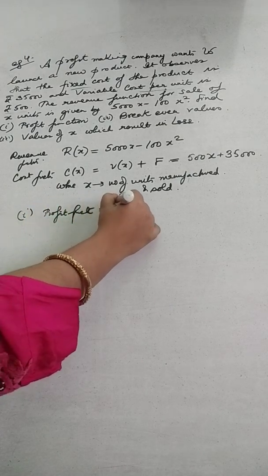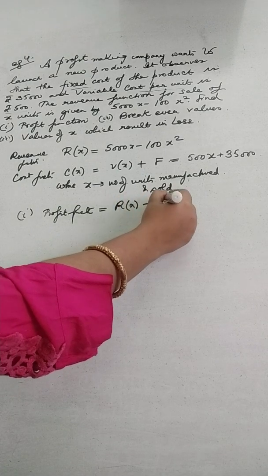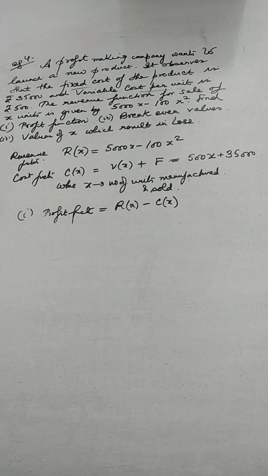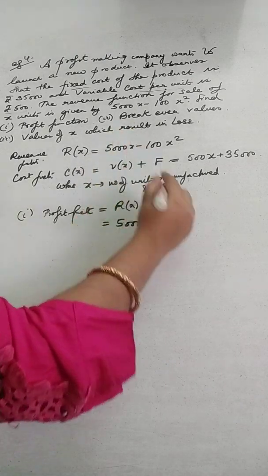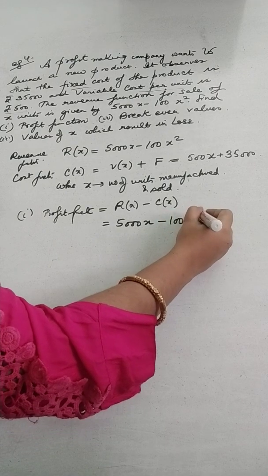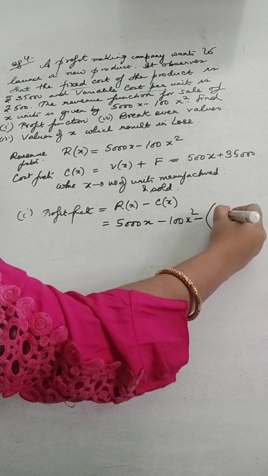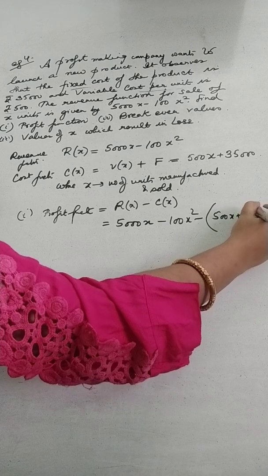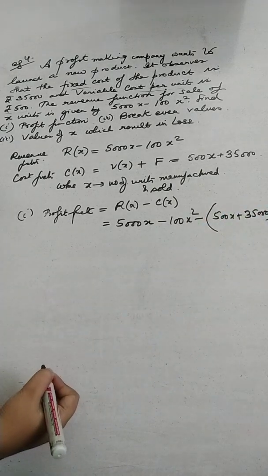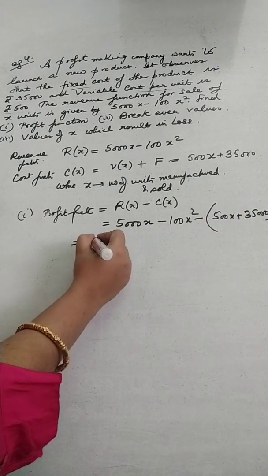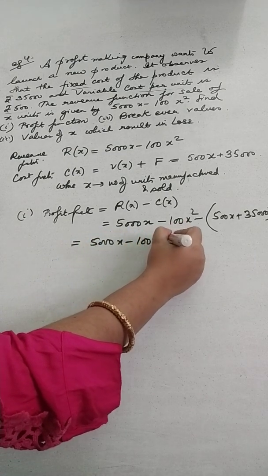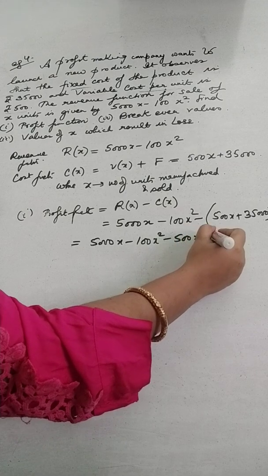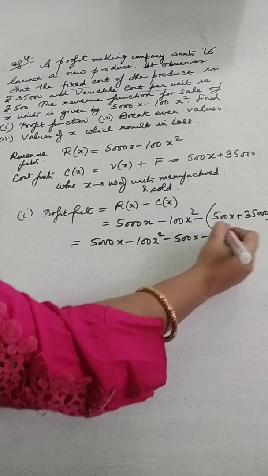Profit function, according to definition, is R(x) minus C(x), and therefore it is 5000x, this is your R(x), minus 100x squared minus 500x plus 35,000. Okay, so therefore it is actually 5000x minus 100x squared minus 500x minus 35,000.